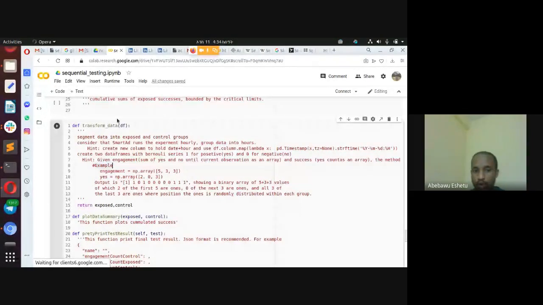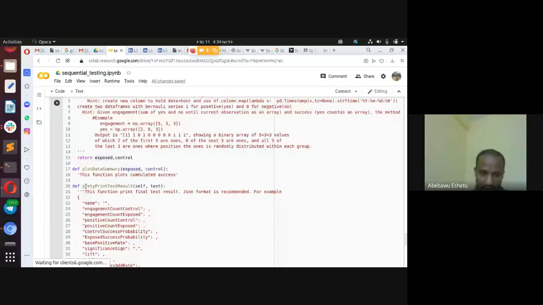This information helps you transform the data into a sequentially organized way. Using this concept, you need to transform the data and have binary Bernoulli series streams for both the exposed and control group.